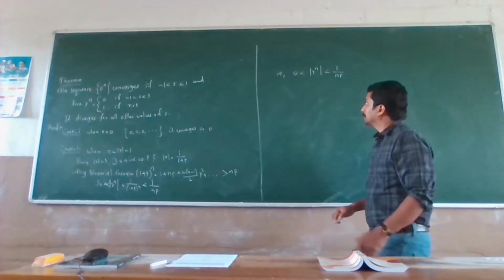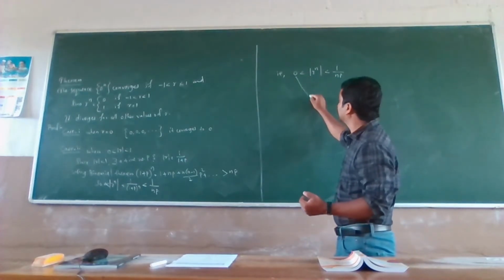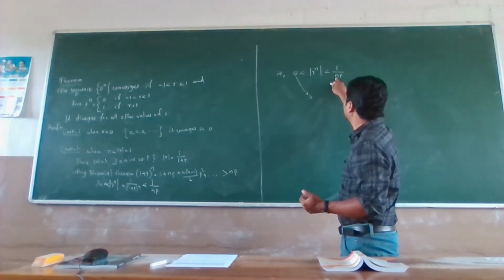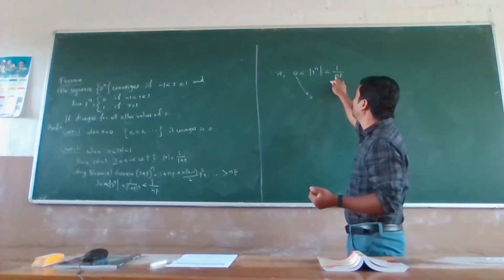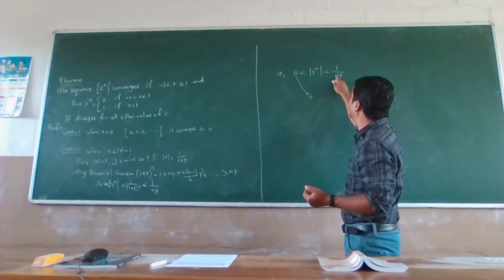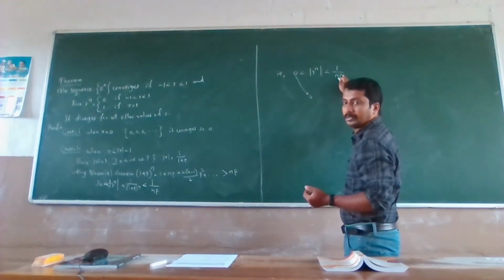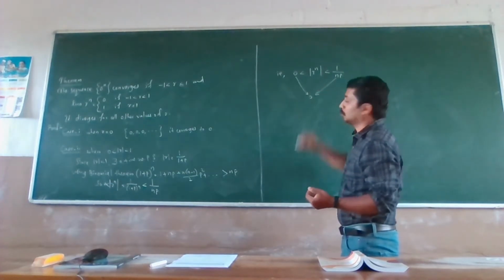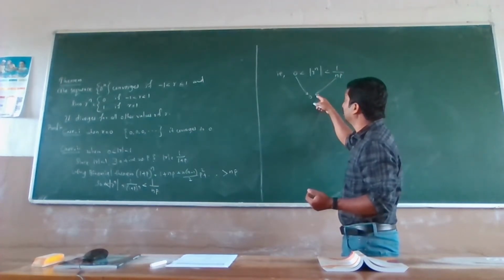Okay. Now the sequence 0, 0, 0, etc. converges to 0, and since p is positive, when n tends to infinity, 1 divided by np tends to 0. The denominator is increasing, so 1 divided by np tends to 0. So 0 tends to 0 and 1 by np tends to 0.